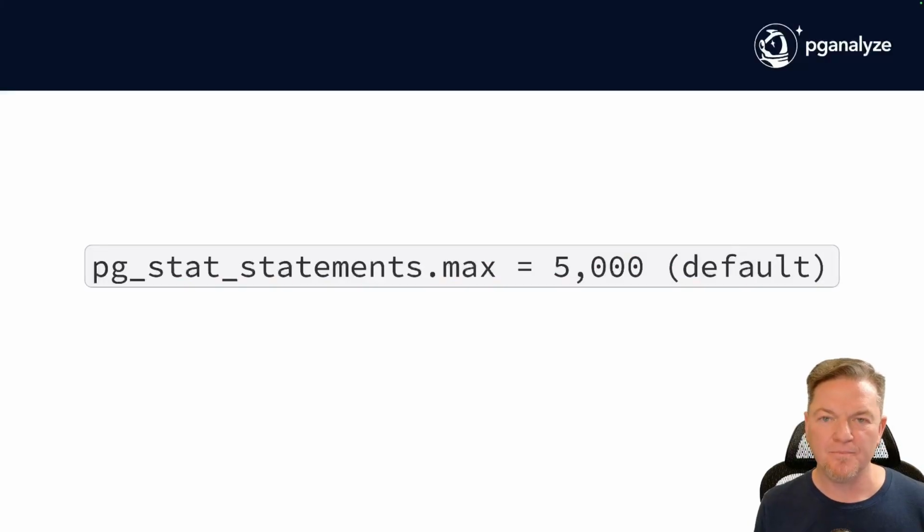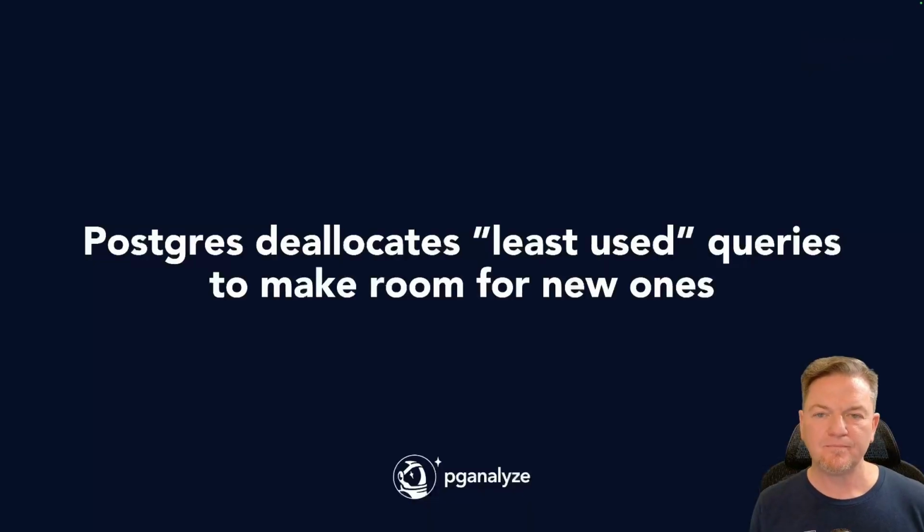As we talked about at the beginning of this, the big issue for me, and why I want to continue to talk about this with others, is that maximum value. If you're not conscious and not aware of how quickly you can take up all of these slots in pg_stat_statements, you might be missing metrics for executions of things when you need it most.